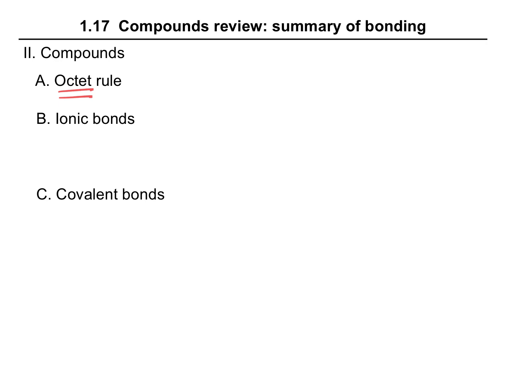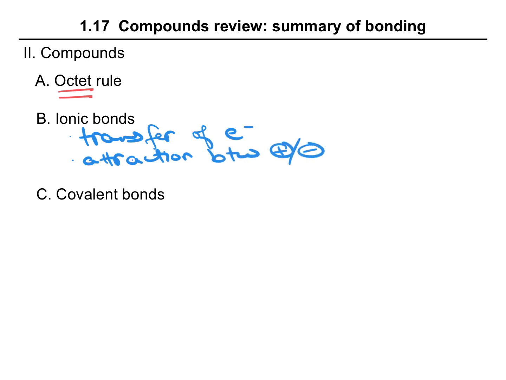With ionic bonds, we are talking about the transfer of electrons. The actual bond occurs because of the attraction between a positive charge and a negative charge. And ionic bonds occur between a nonmetal and a metal.